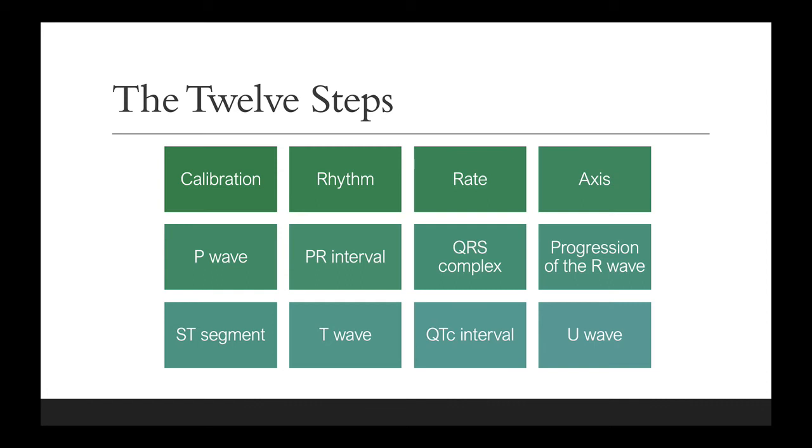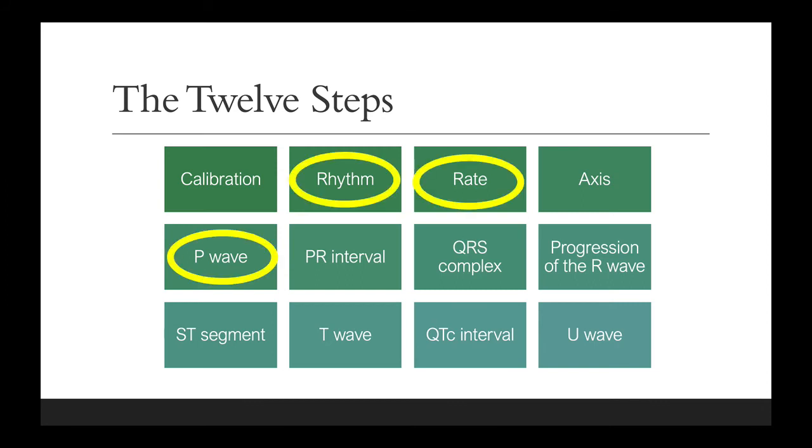But with regard to bradycardia, there are certain steps we would pay closer attention to: the rhythm, the rate, the P wave, the PR interval, and the QRS complex. These would be important in helping us to come to a diagnosis of the pattern of bradycardia in the ECG.